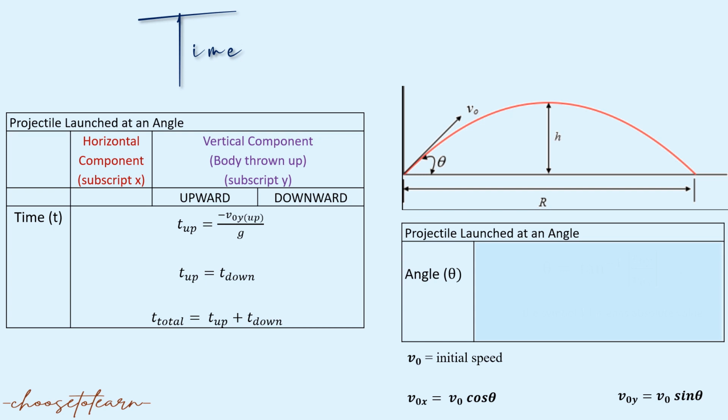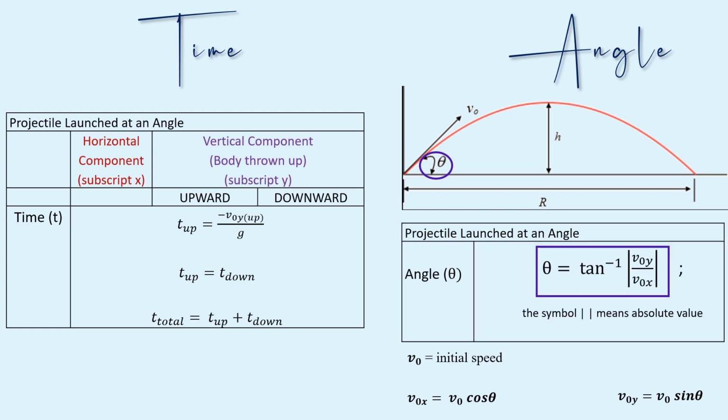What if we don't know the angle of projection? So we will analyze the angle, and if we are talking about angle, we are referring to this portion, or the angle of projection. So to find the angle, we will use this equation. In our previous example, based from the video clip, we've analyzed that the VOY, or the initial vertical velocity, is approximately 52 meters per second.